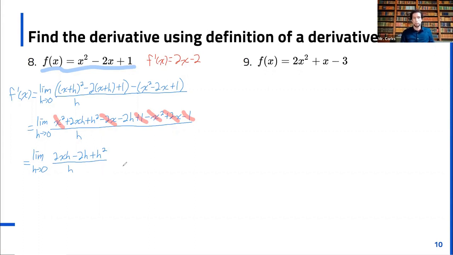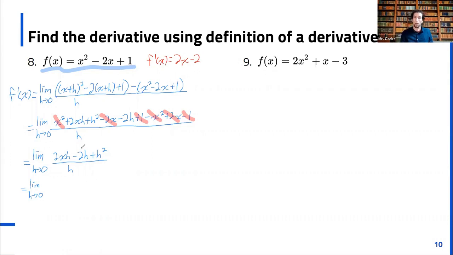What is our next step at this point? We separate the common factor of h and cancel out. Good. So we have a common factor of h on each term on the top now, which will happen every time for these polynomials. And I'm just going to combine those two steps.